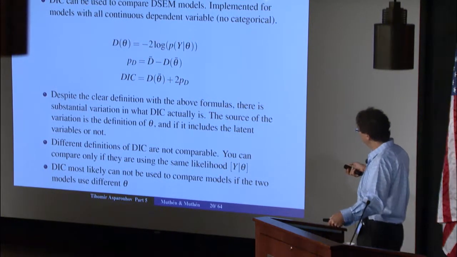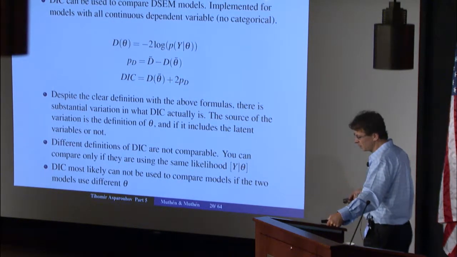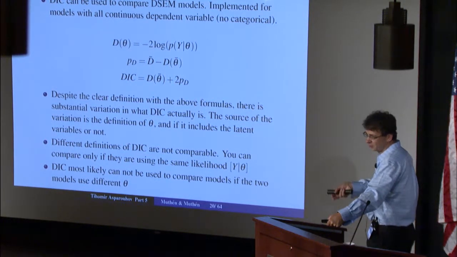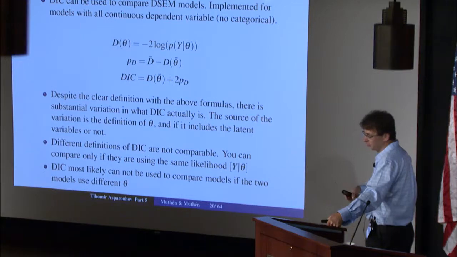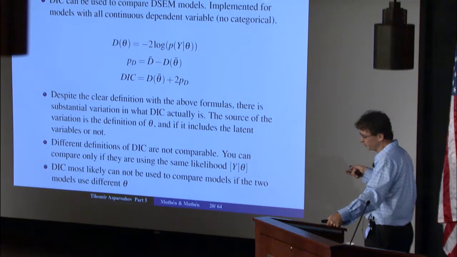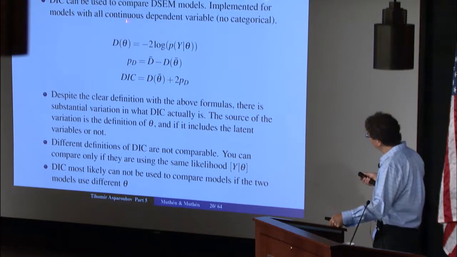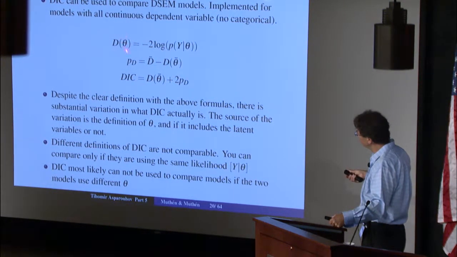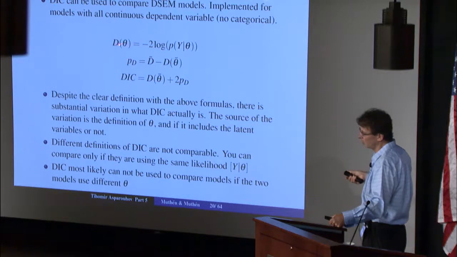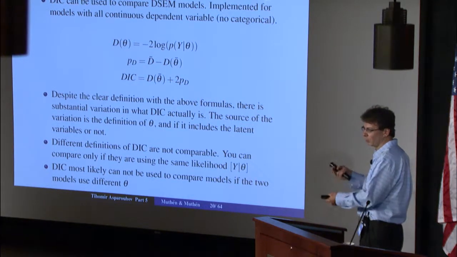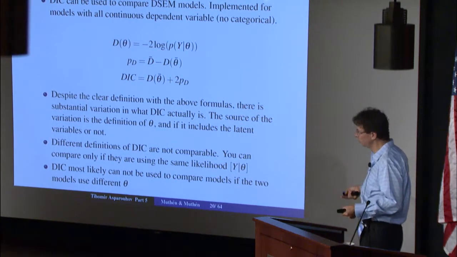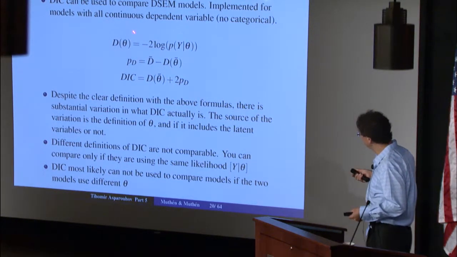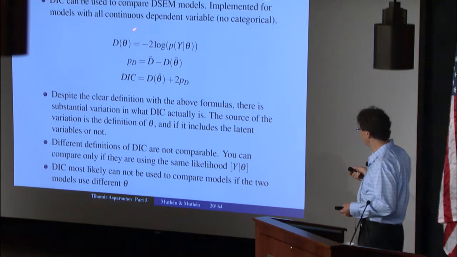For example, in the MCMC estimation, missing values of observed variables can be considered or not considered as parameters. Those theta parameters can include these missing values, or depending on how you define it, they might not include them. The same thing applies for latent variables. The theta may or may not include latent variables.